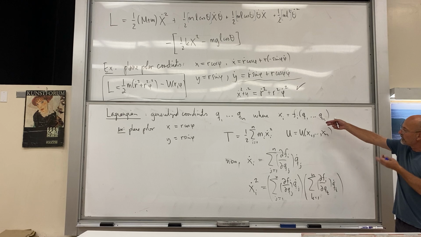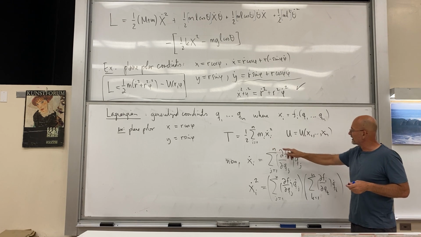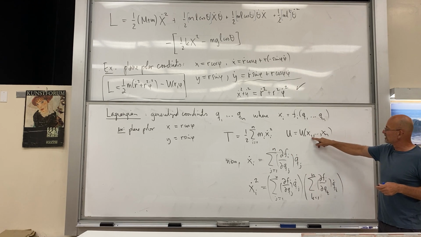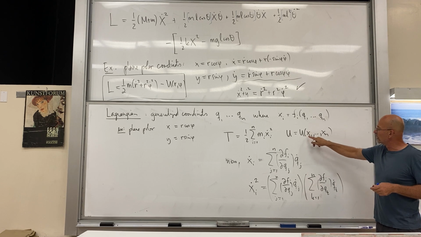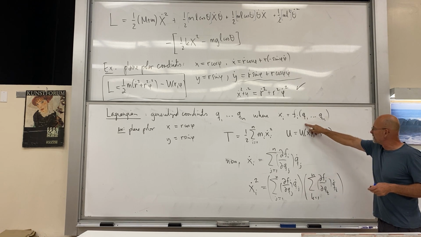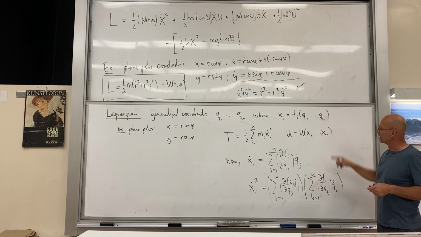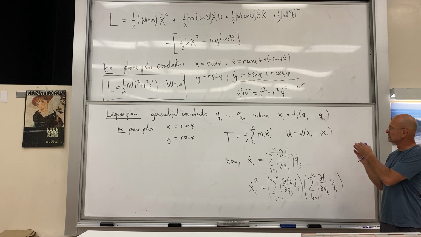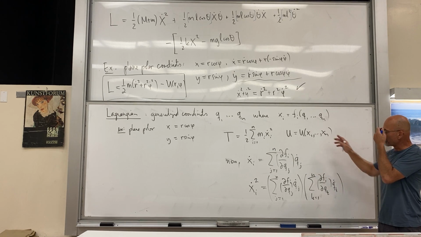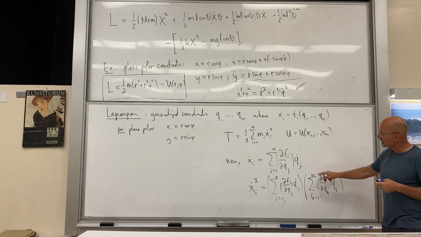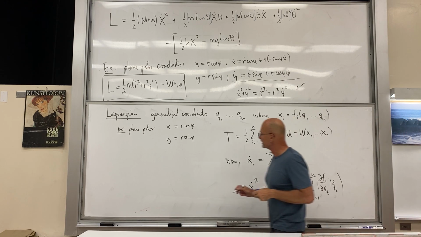Okay, so now we're going to form this expression here. This one will essentially be trivial. We'll just say u is u of x sub i of q sub 1 to q sub n. Okay, so we'll just write it out without changing the name of the letter. This one here we have to do a little bit more.